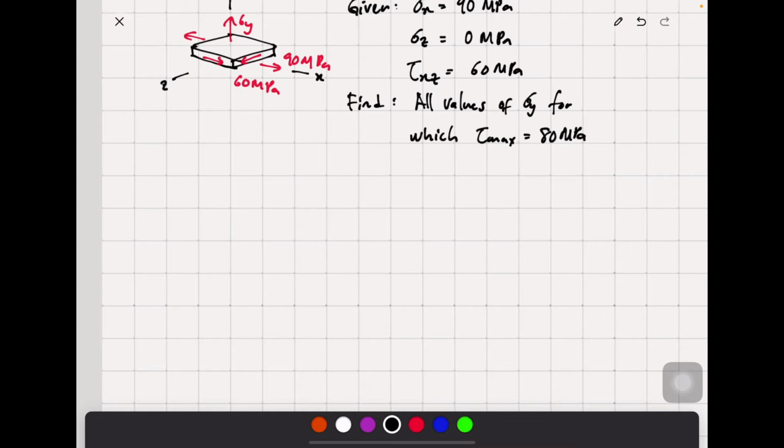So looking at this question, we can straight away calculate the values that we have here, the sigma average.